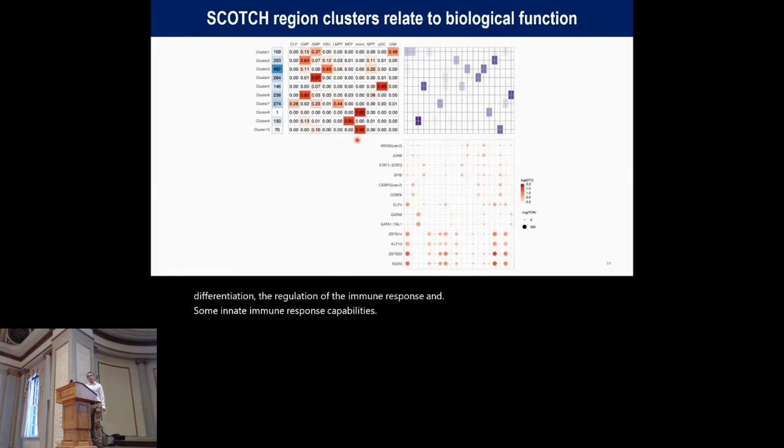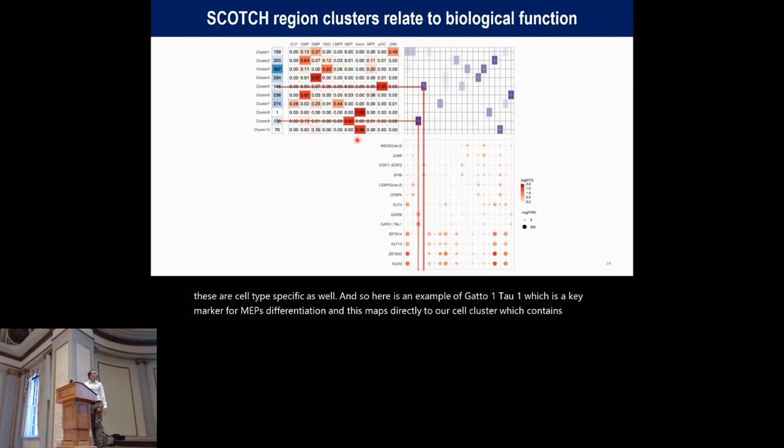Finally, with the single-cell ATAC-seq data, we can also look at the accessibility of motif instances across different sites and associate these with our different region clusters. And these are cell type specific as well. Here is an example of GATA1, TAL1, which is a key marker for MEP differentiation, and this maps directly to our cell cluster which contains all of the MEPs.